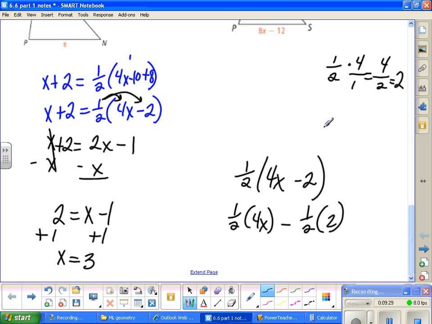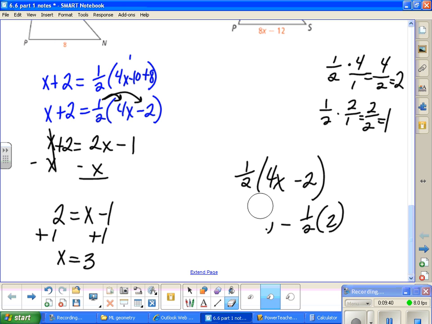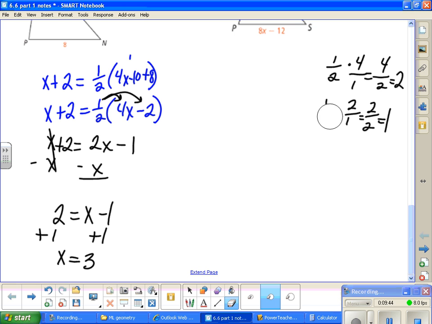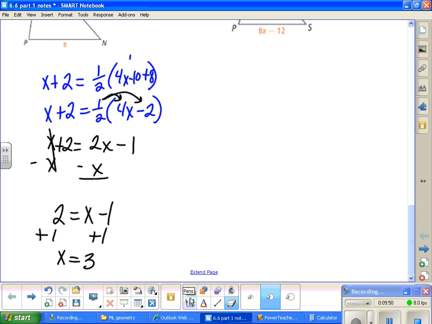Same thing for the other one, 1/2 times 2 over 1 becomes 2 over 2, which is 1. And that's how I got 2x and I got 1. You can also just plug it into your calculator and get the same thing when you're multiplying. At times you'll get decimals, but it should only be a half, like 5.5 or 7.5.